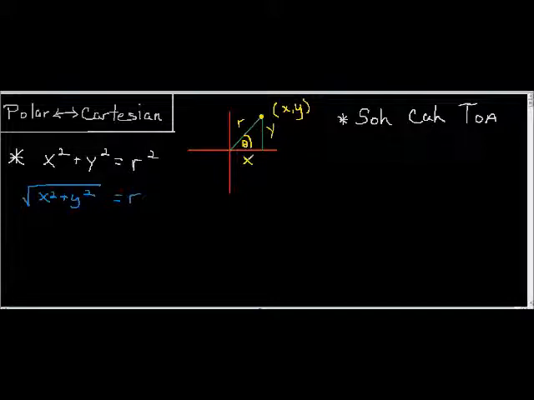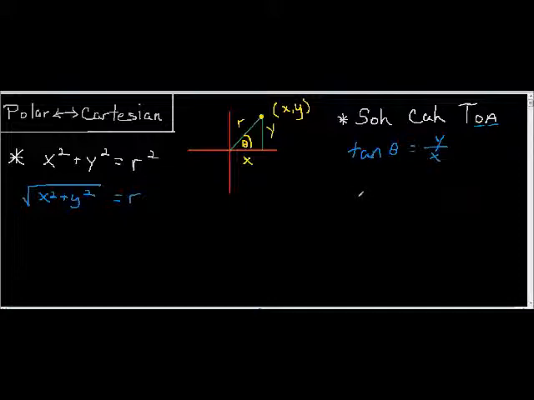Our y is our opposite of theta, and our x is our adjacent to theta. So the trig identity that involves the opposite and the adjacent is our tangent. So we can write that trig identity, which is the tangent of theta equals opposite, which is our y, over our adjacent, which is our x.